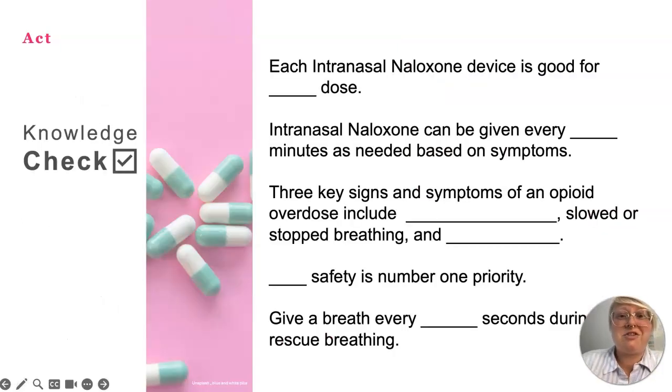Let's do a quick knowledge check. Each intranasal naloxone device is good for blank dose. If you said 1, you're right. Intranasal naloxone can be given every blank minutes, as needed based on symptoms. 2 to 5 minutes. 3 key signs and symptoms of an opioid overdose include blank, slowed or stopped breathing, and blank.